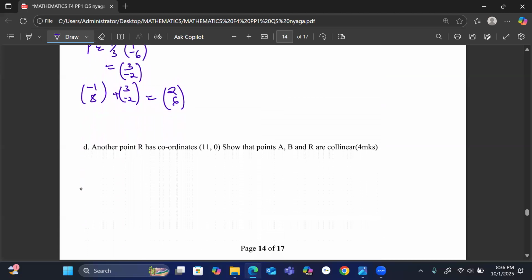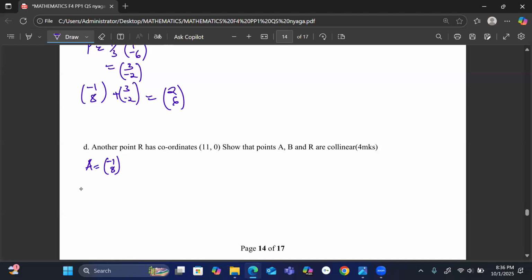Then part D: another point R has coordinates (11, 0). Show that points A, B, and R are collinear. So point A, we have (-1, 8).